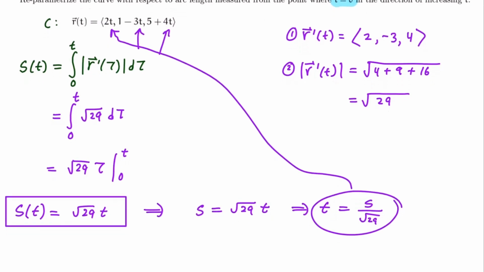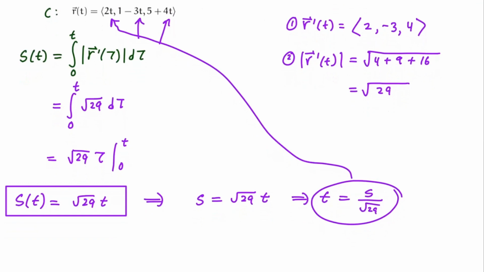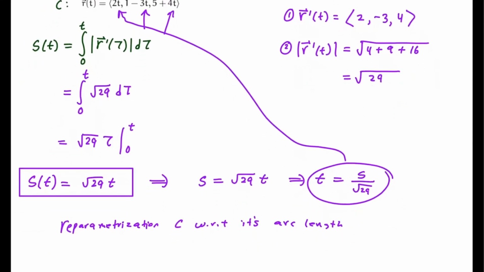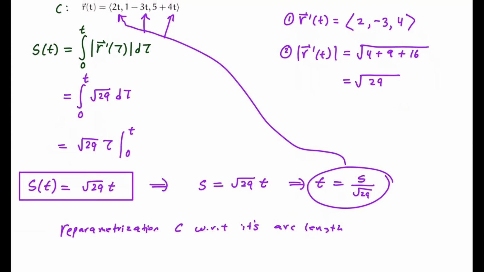So how's that going to look? Our reparametrization of our curve C with respect to its arc length is going to be, we're going to plug in s over square root of 29 in place of t.